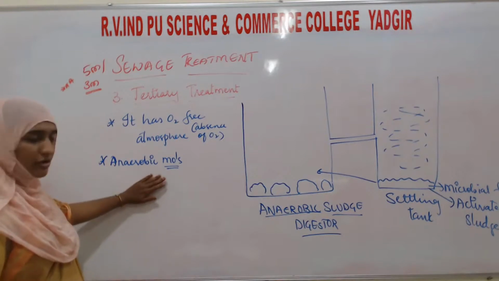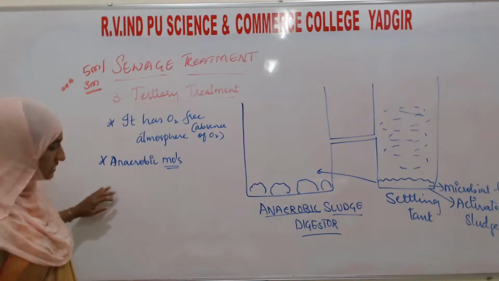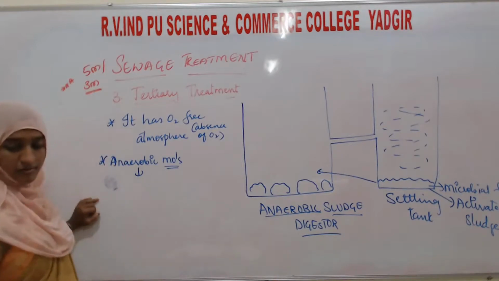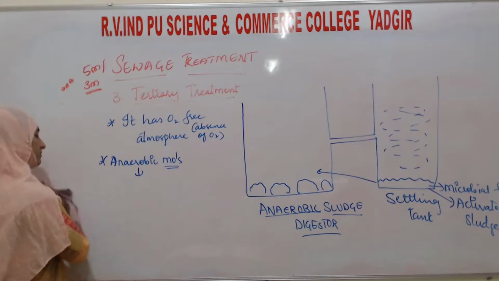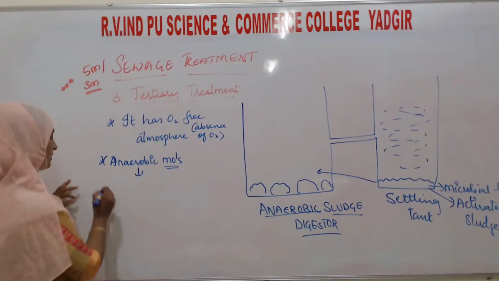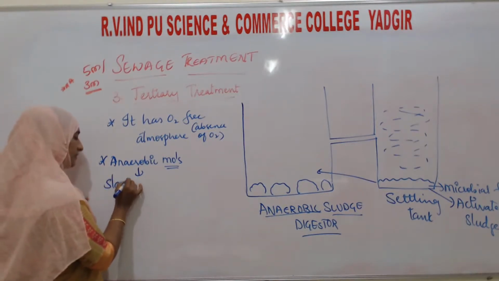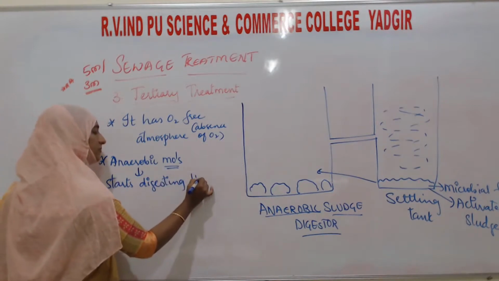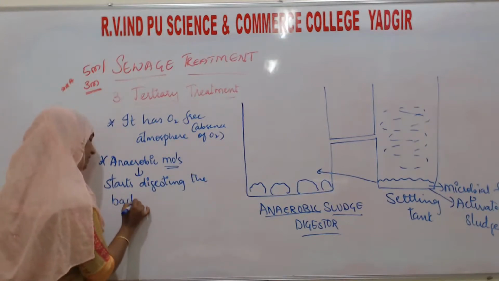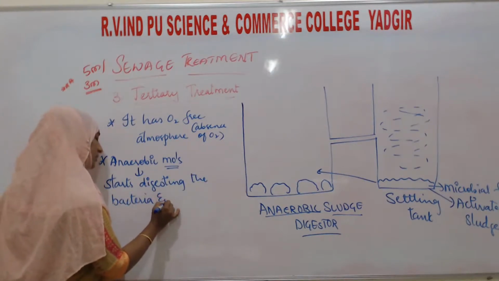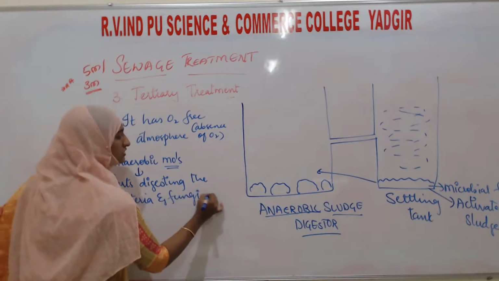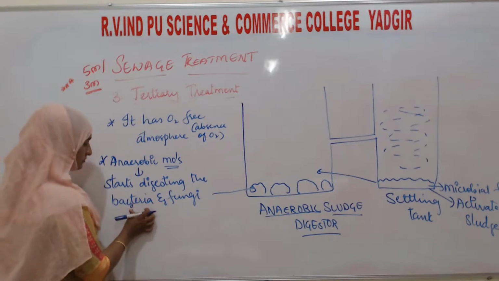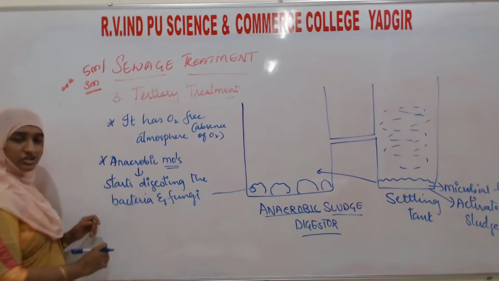These anaerobic microorganisms will start digesting the bacteria and fungi which are present in this activated sludge.